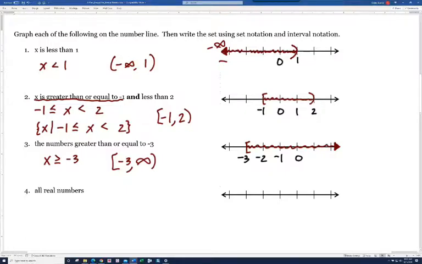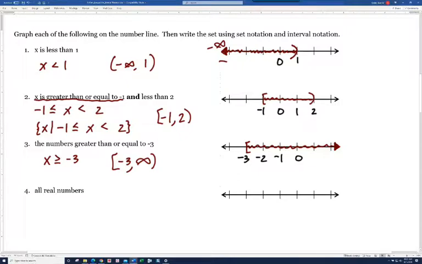Now notice with infinity, we always put a parenthesis next to infinity, and that's because there is no last number. Infinity is a concept. It's the idea that you're going forever right. If you came in tomorrow and you said, Mr. Smith, I just found the biggest number, I have discovered the biggest number ever, I would ruin your day by adding 1. There is no biggest number. That's the idea of infinity.